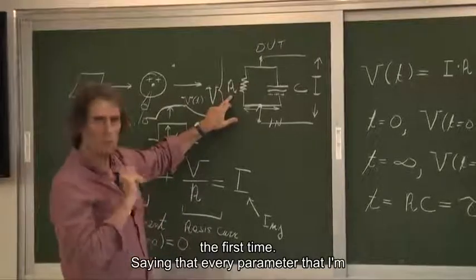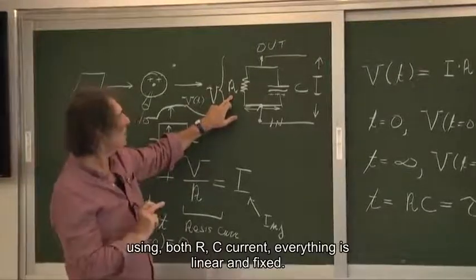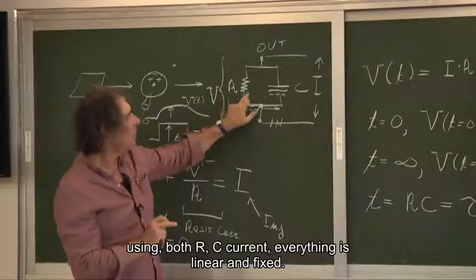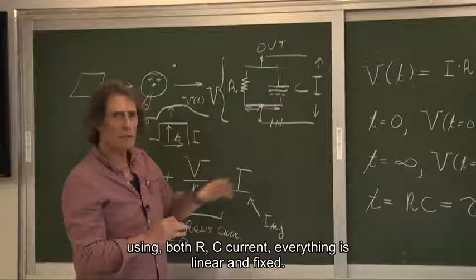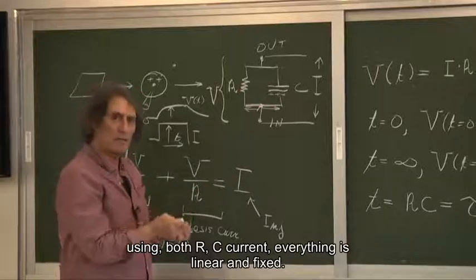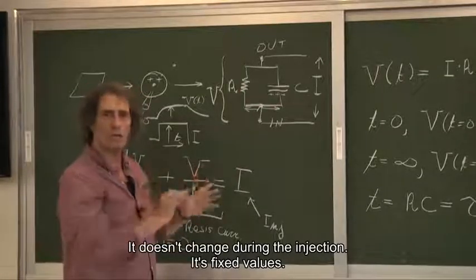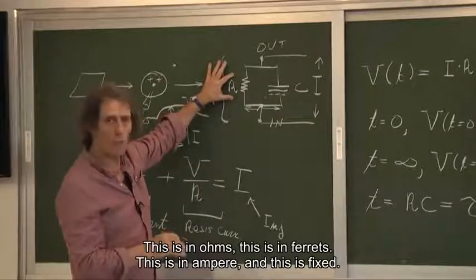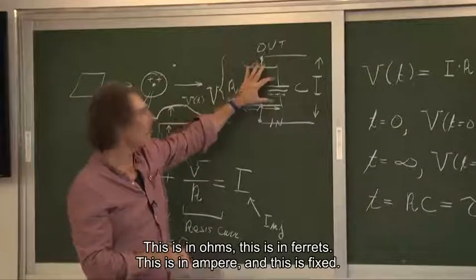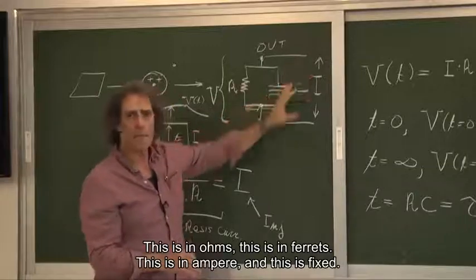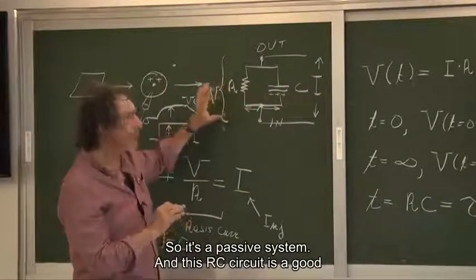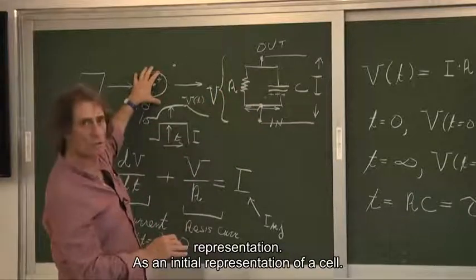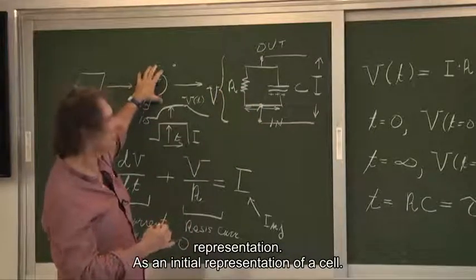And I'm using the word passive now for the first time, saying that every parameter that I'm using, both R, C, current, everything is linear and fixed. It doesn't change during the injection. It's fixed values. This is in ohms, this is in farads, this is in amperes, and this is fixed. So it's a passive system. And this RC circuit is a good representation, as an initial representation of a cell.